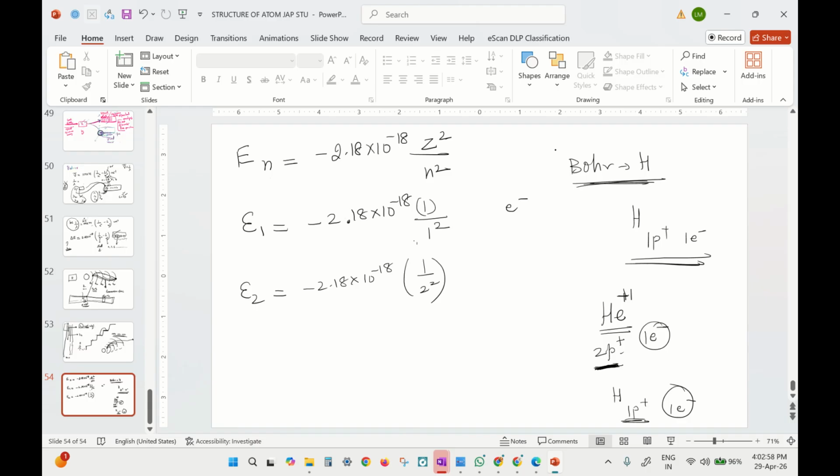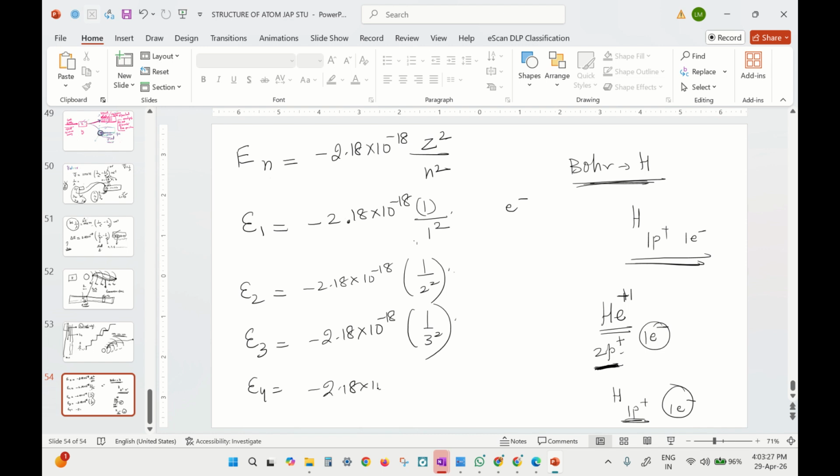Now the energy of the third shell. An electron is there in the third shell. So what is the energy? Minus 2.18 into 10 to the power minus 18, 1 by 3 square. Now find the difference. Can E2 minus E1 be the same as E3 minus E2? Check. Definitely it will be different. E4 is minus 2.18 into 10 to the power minus 18, 1 by 4 square.